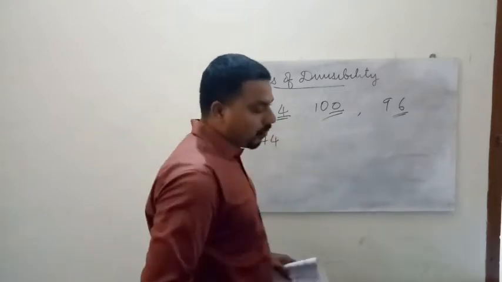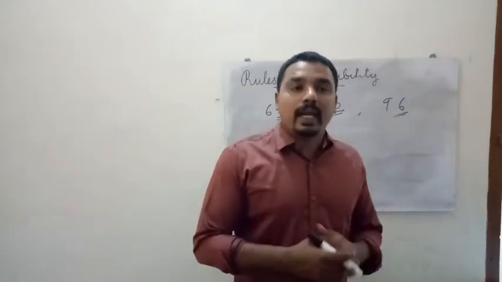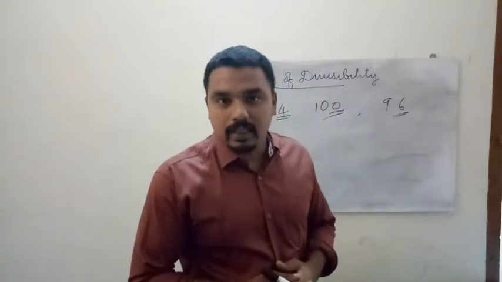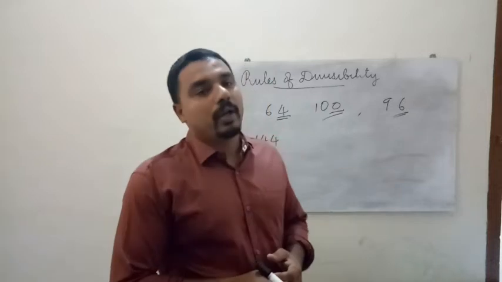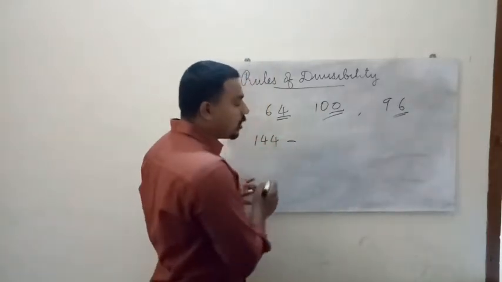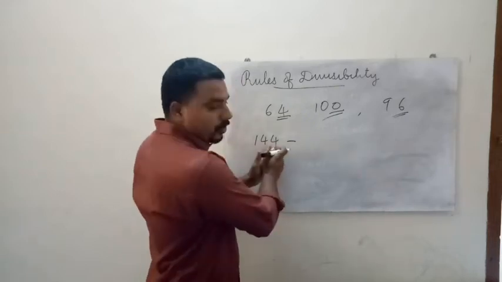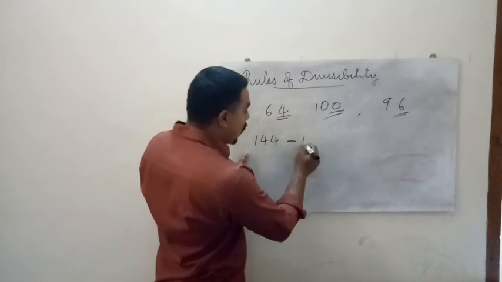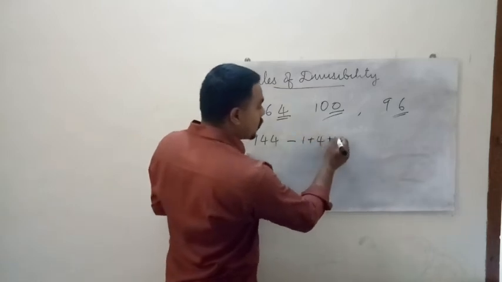144. Is this number exactly divisible or not? We need to divide and see. Is it or not? No, there is one short method. We have to find the sum. We have to separate the digits. There are 3 digits. So 1 plus 4 plus 4.